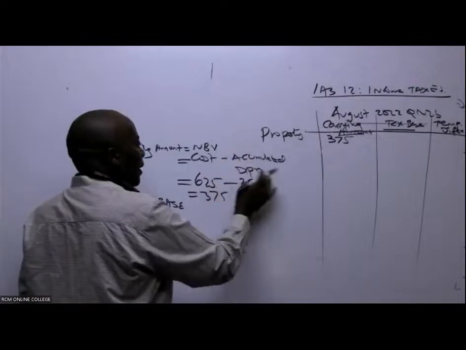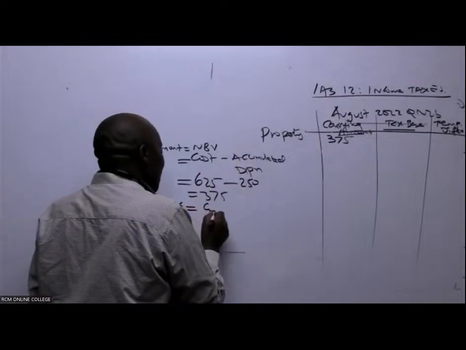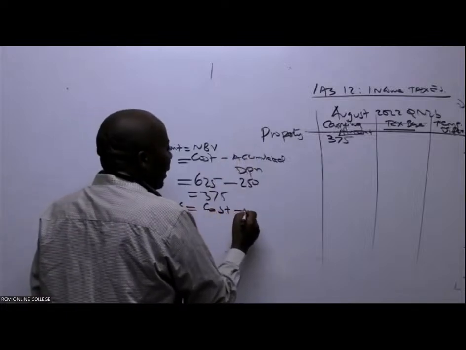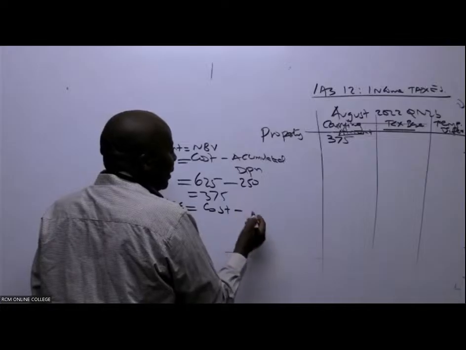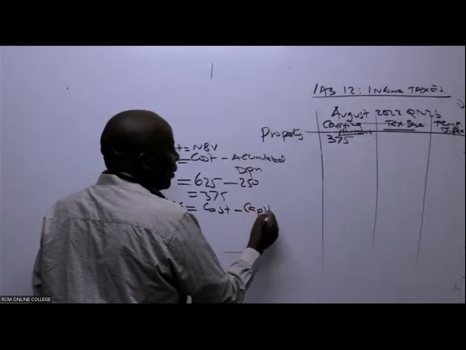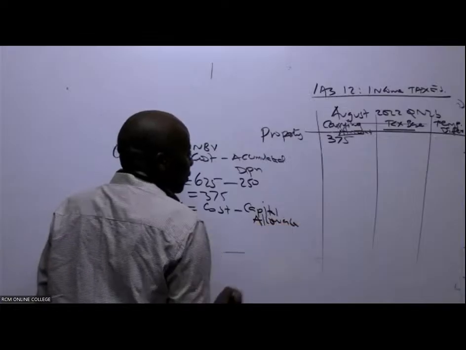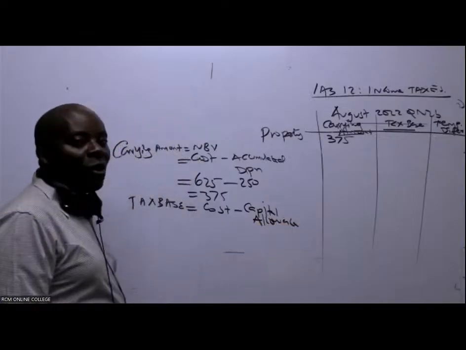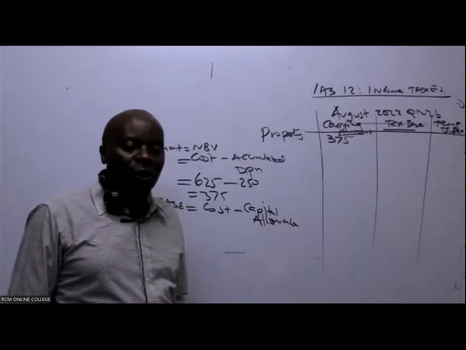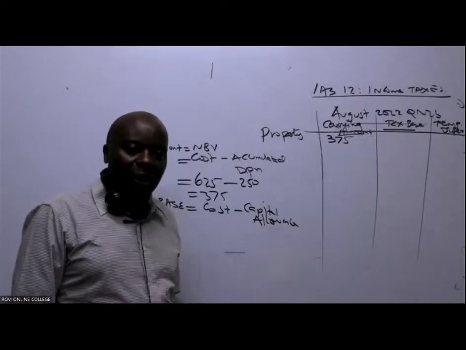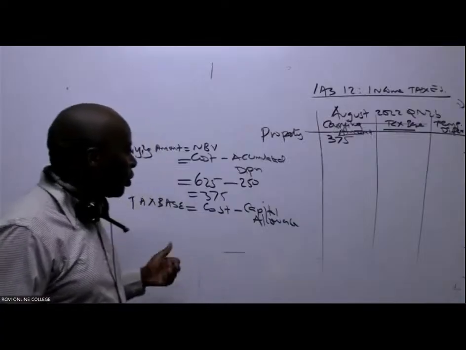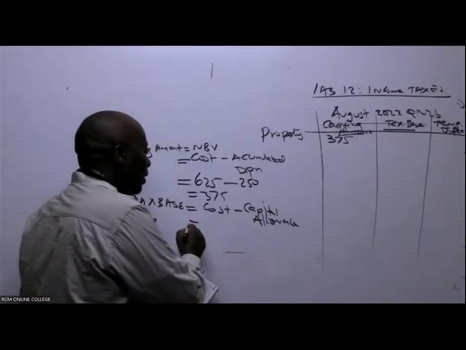However, here the tax base will be equal to cost minus accumulated capital allowance. The taxman will allow what we call capital allowances, the wear and tear. The accountant charges depreciation here, so the cost will always be the same.